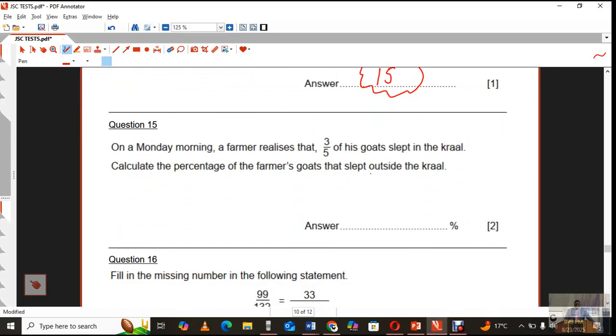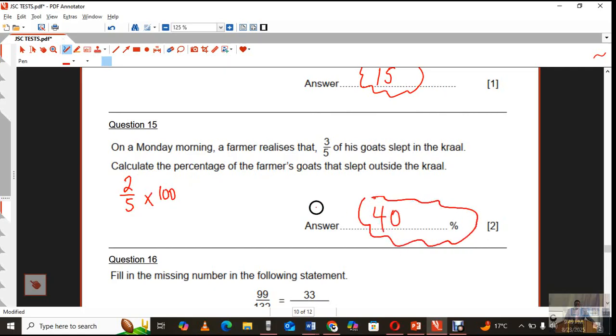On a Monday morning, a farmer realizes that 3/5 of his goats slept in the kraal. Calculate the percentage of the farmer's goats that slept outside of the kraal. So the percentage, as a fraction, it will be 2/5 will be outside. Okay, 2/5 will be outside, and that obviously gives you 40%.